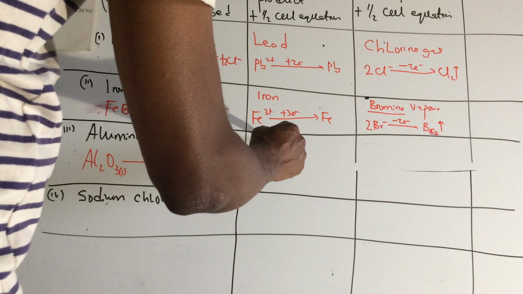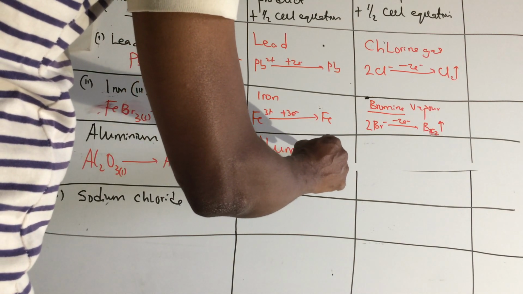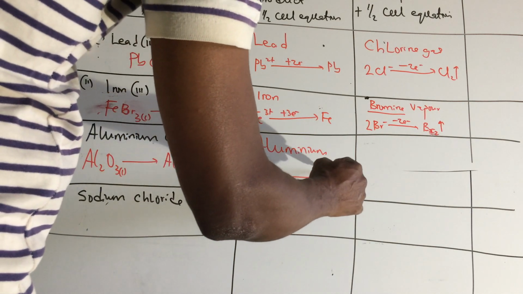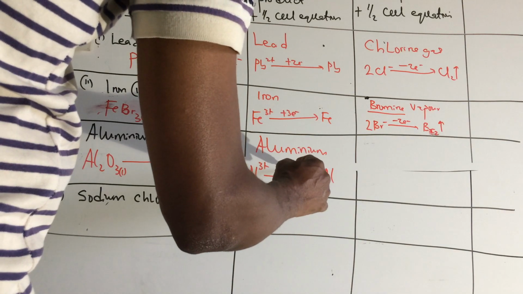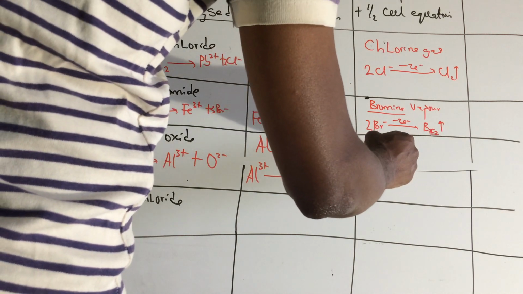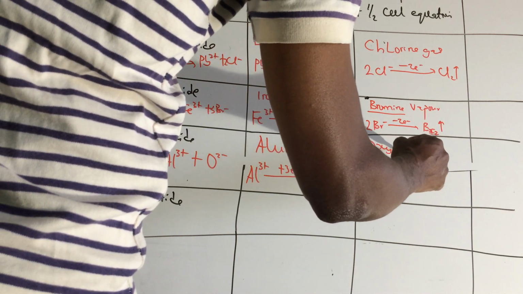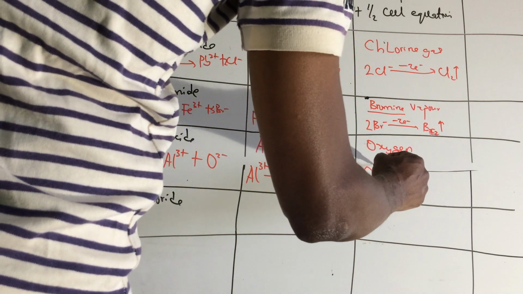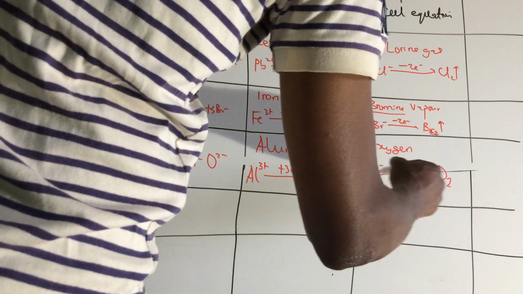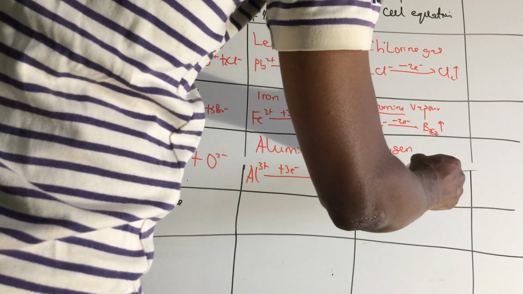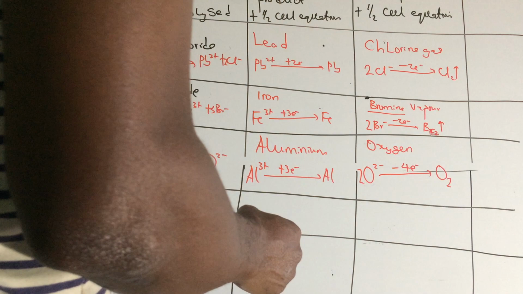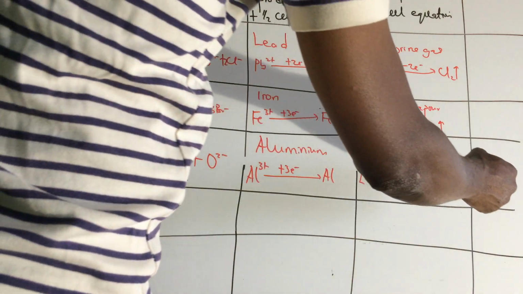Here it is just aluminium, and this is the discharge. That's very easy. Then the other one will be oxygen. To discharge this, it usually loses 4 electrons. I'll balance it later. It's not fully balanced, but just note oxygen.